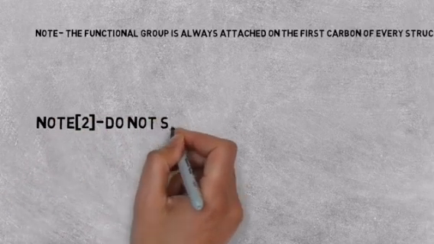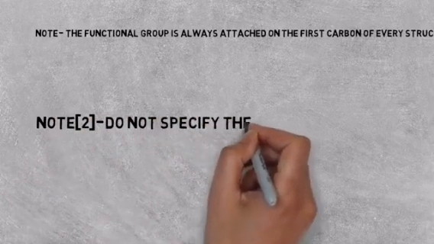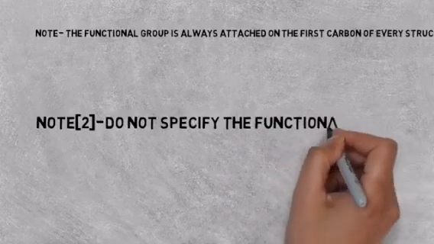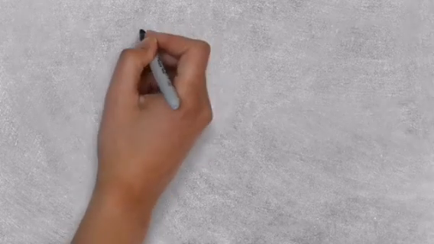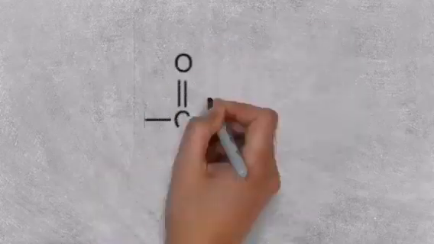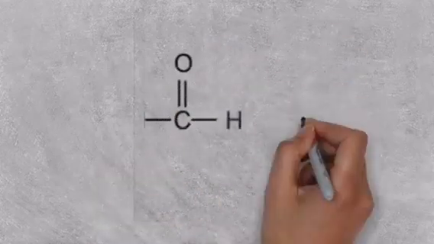And note number 2, you do not specify the functional group. Why? Because it's always on the first carbon. You must not tell us the number of the carbon atom where you found your functional group. So this is the structure of the functional group of aldehydes.